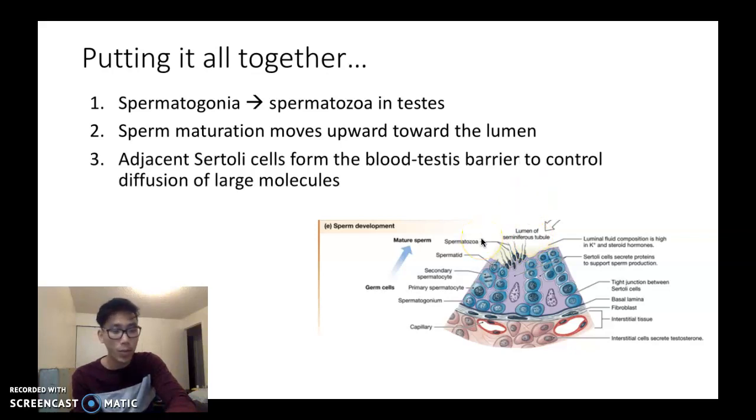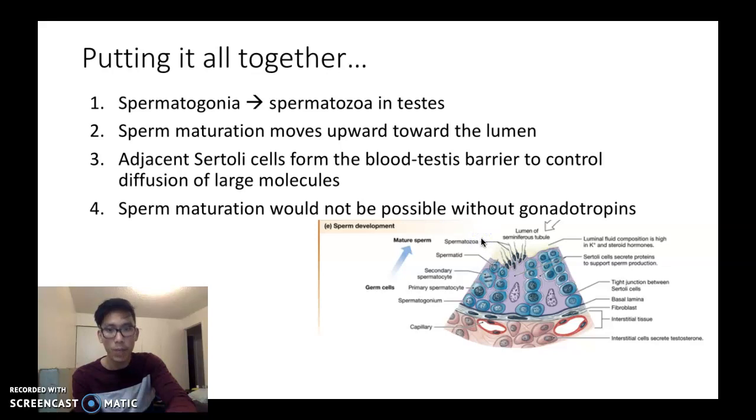And number three, adjacent Sertoli cells form tight junctions, which then form the blood-testes barrier, which prevents large molecules from diffusing across the compartments.